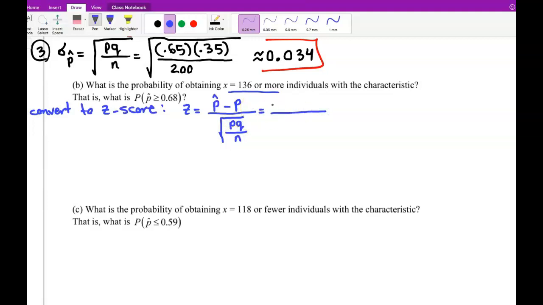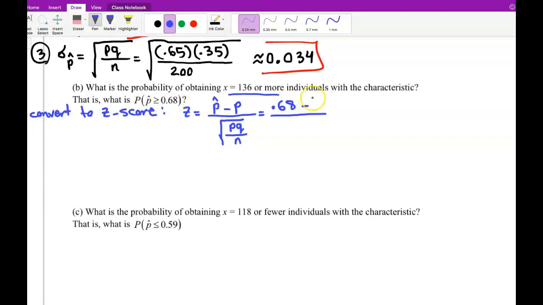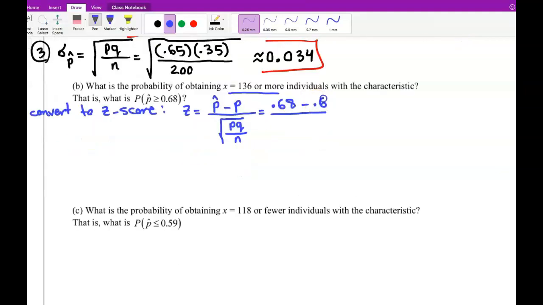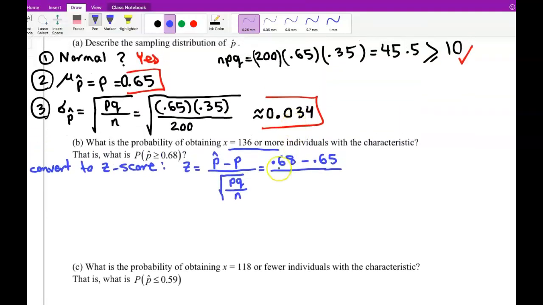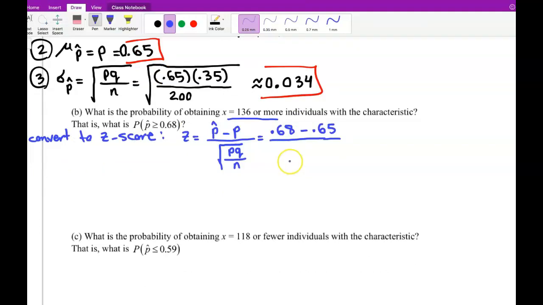Here we have 0.68 for the sample proportion minus the population proportion, 0.65, divided by the standard deviation, the square root of 0.65 times 0.35 over 200. This is approximately equal to 0.89.